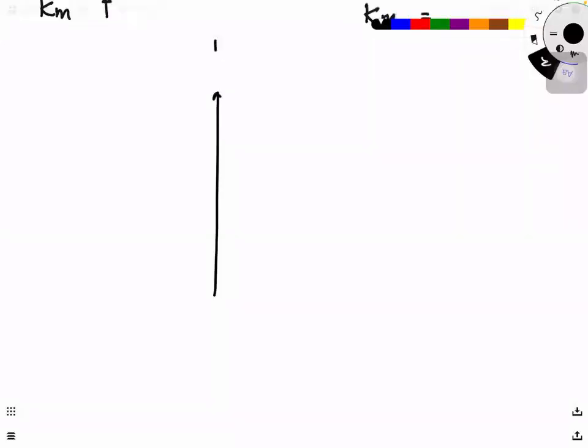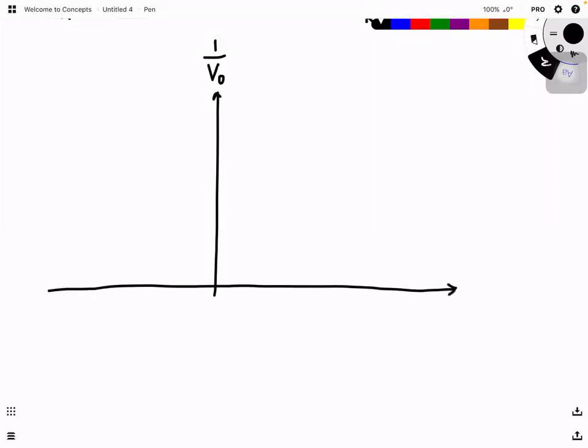This is 1 over V naught. This is 1 over substrate concentration, and we do have one line already. This is without inhibitor.